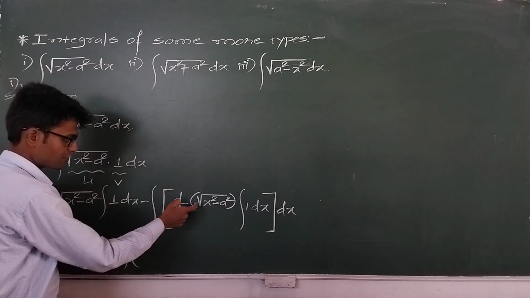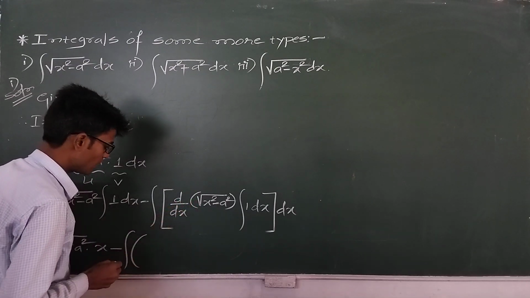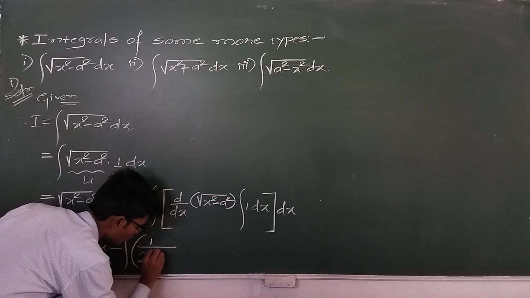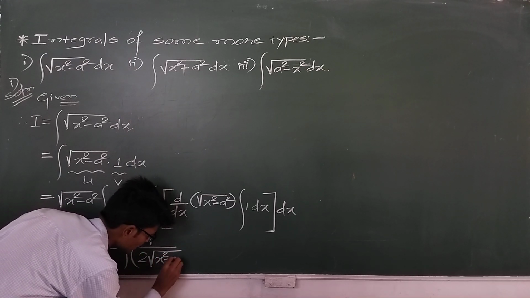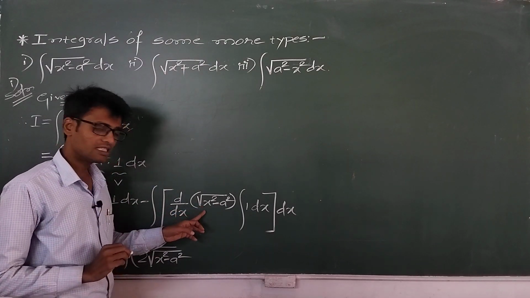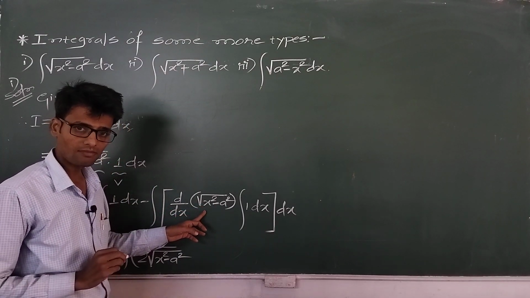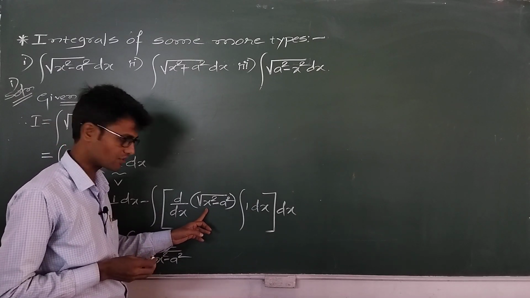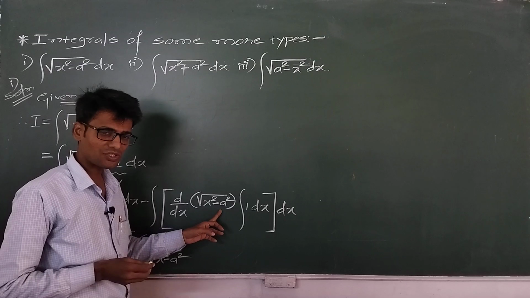Right? So differentiation of square root of x square minus a square is 1 divided by 2 into square root of x square minus a square. After that you differentiate x square minus a square. Differentiation of x square is 2x minus differentiation of a square.